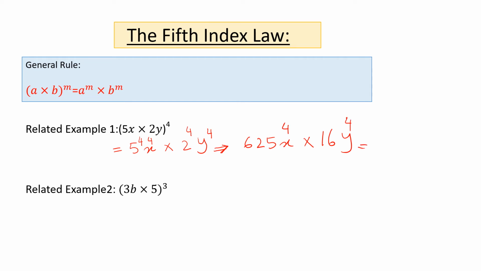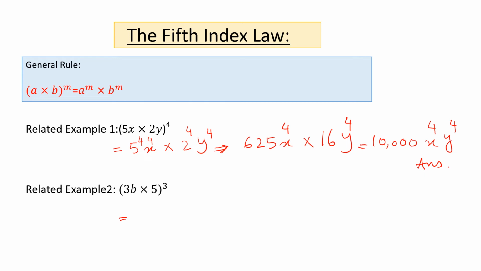Now I will multiply 625 and 16. 625 times 16 is 10,000. x to the power 4, y to the power 4. This is the answer.